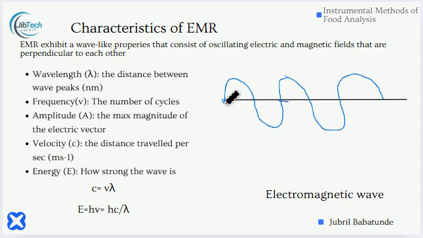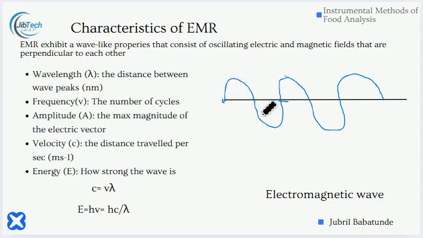And so the time it takes for that wave to move from this point to this point is the frequency, in seconds. If it takes the wave 1 second to move from this point to this point, it means the frequency of that wave is 1.